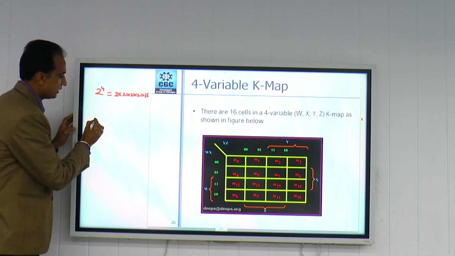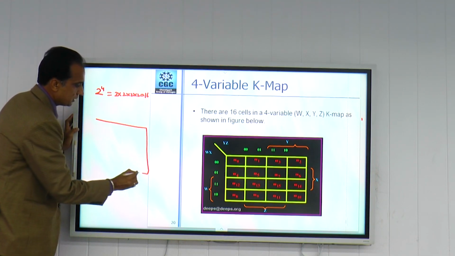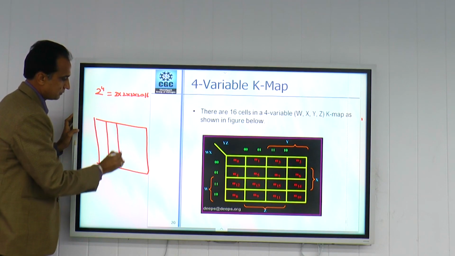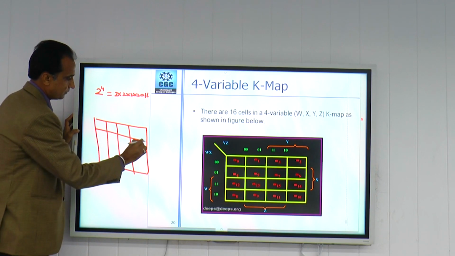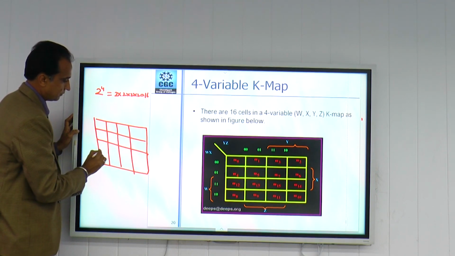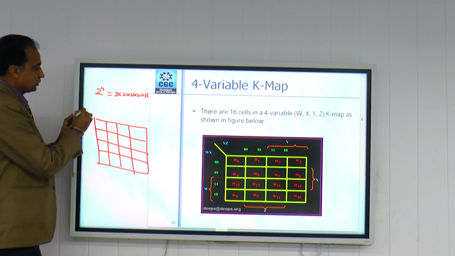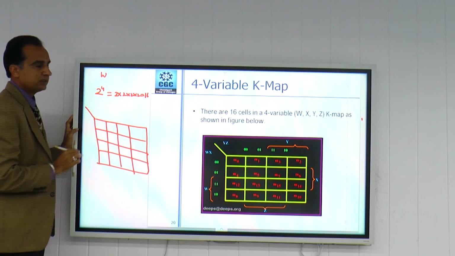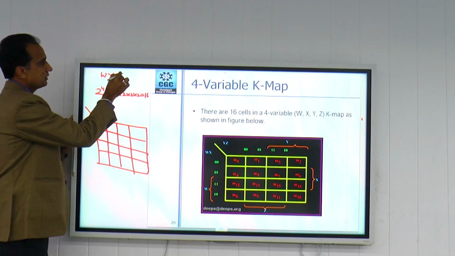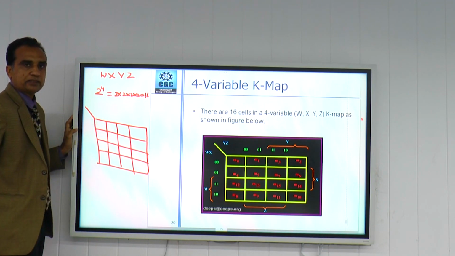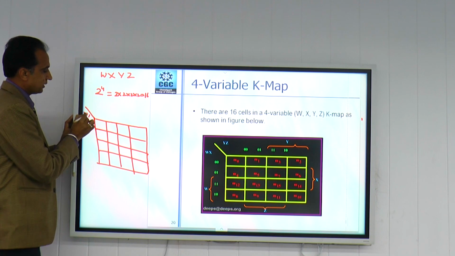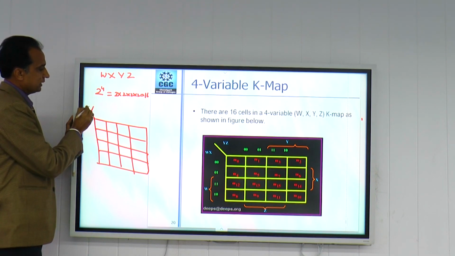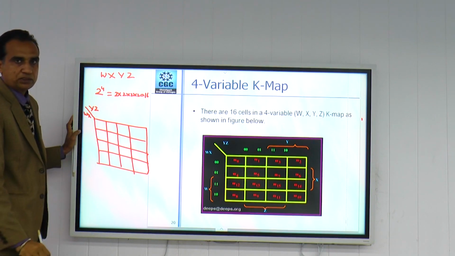Now 16 square grids means 4 rows and 4 columns. The variables are represented as w, x, y and z. So w and x are used to represent the variables vertically and y, z represent them horizontally.